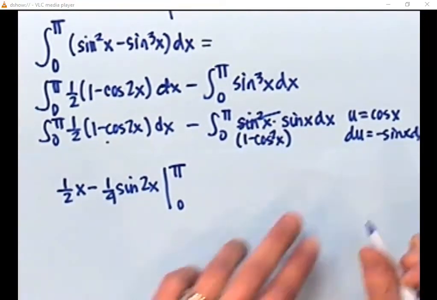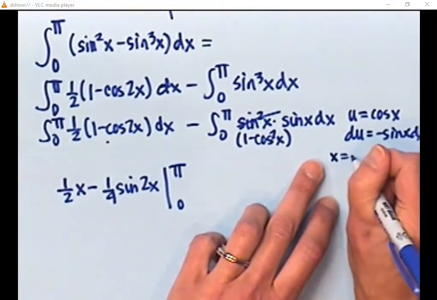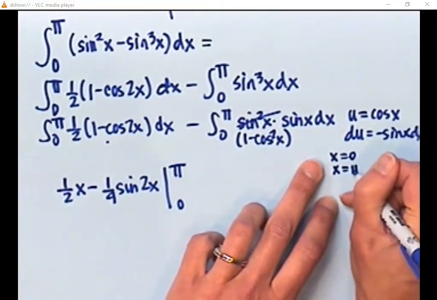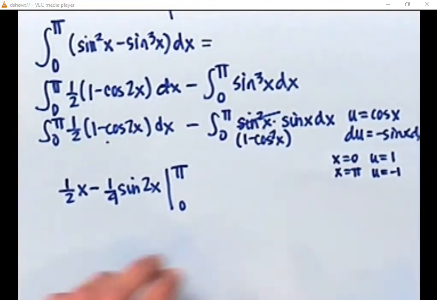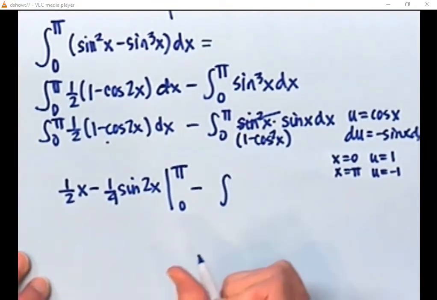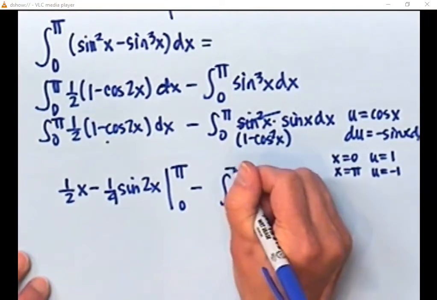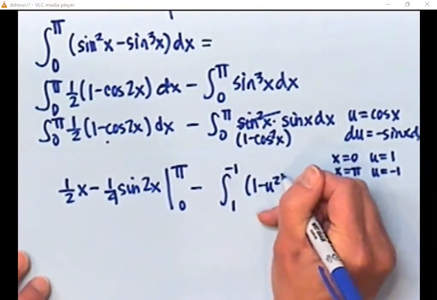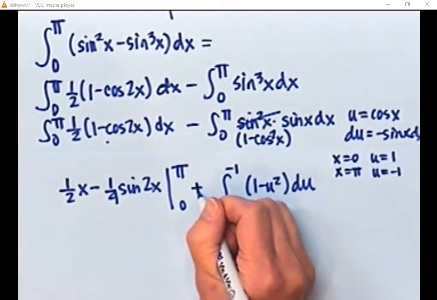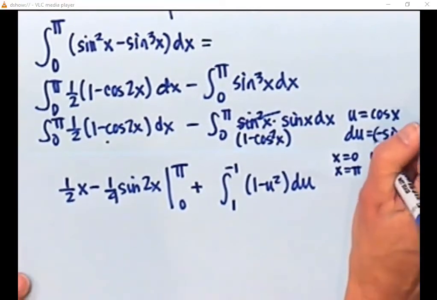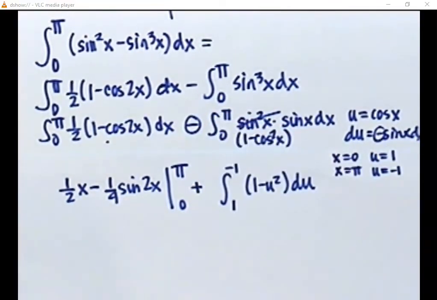Yeah, so if you change the 0 and the pi, the u will become 1 and negative 1. So this will be minus the integral from 1 to negative 1, 1 minus u squared du. And I think that will change it to a plus because I got this negative out front and this negative here.